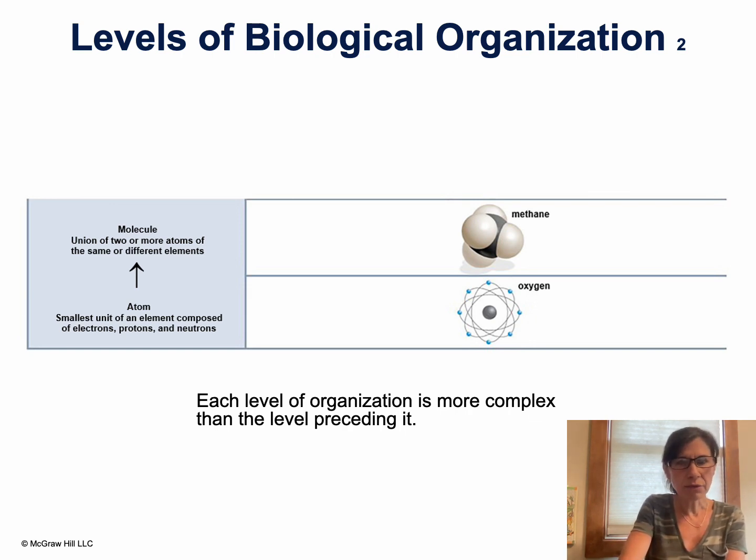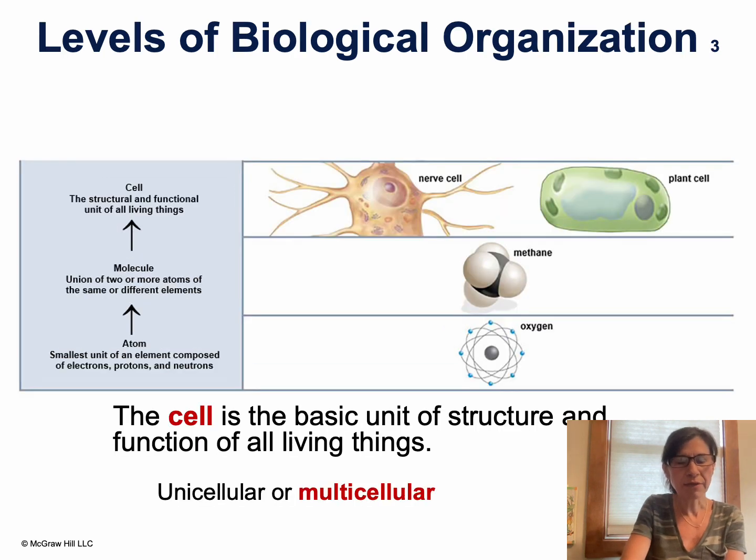And then molecules come together to form cells. And this is a question in your guided notes. The cell is the basic unit of structure and function of all living things, whether it's a unicellular or single-celled organism or a multicellular organism.